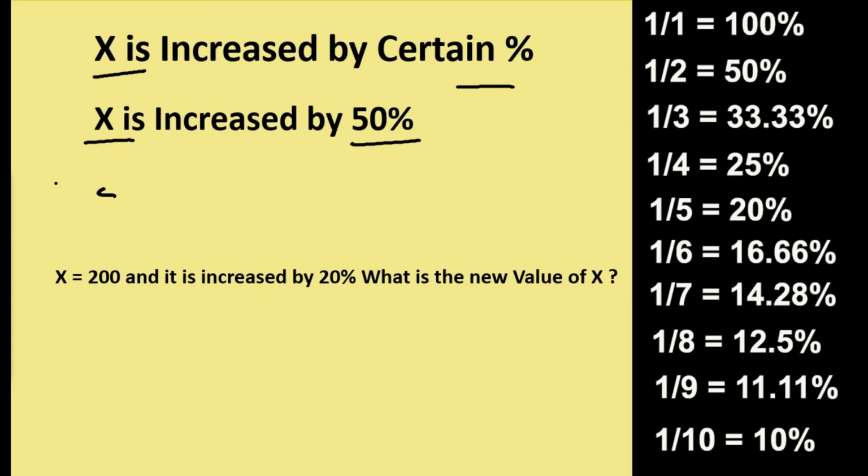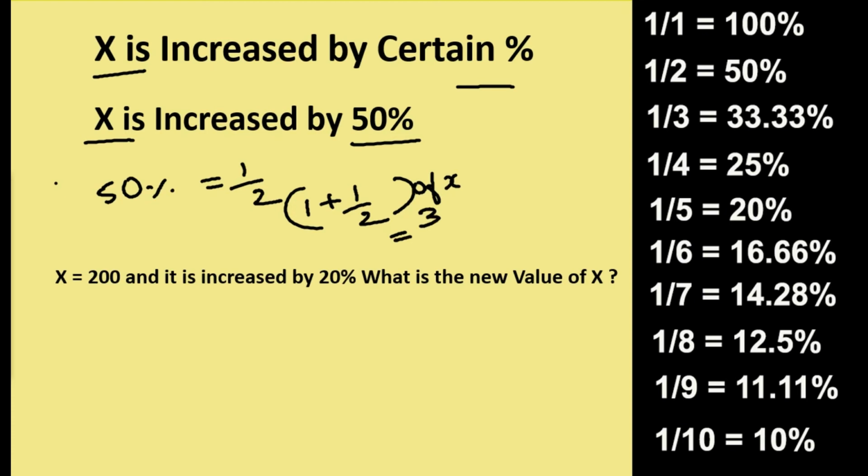We know 50 percentage is 1 by 2. So increased by 1 by 2 means 1 plus 1 by 2 of X. 2 into 1 is 2, 2 plus 1 is 3, so 3 by 2 of X. 3 by 2 X is the answer.